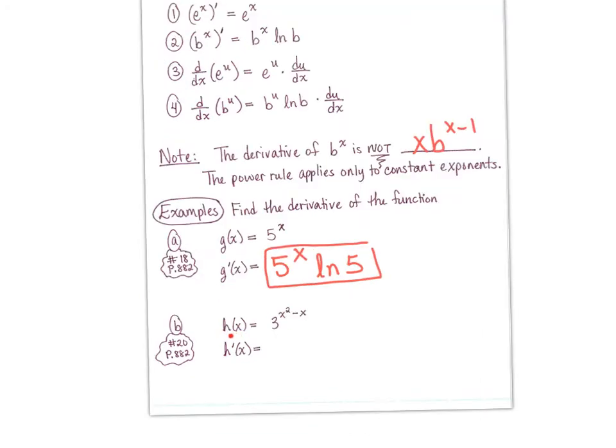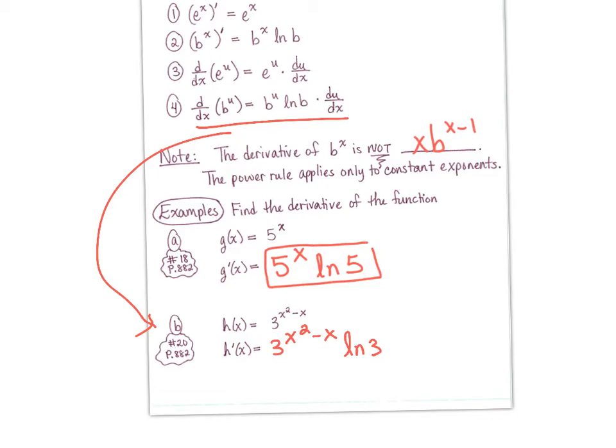Now, if we have h of x equal to 3 raised to the x squared minus x, let's differentiate that. Looking back up, this looks like we have a u here because we have a function, x squared minus x, instead of just a variable like x. So we need to use rule 4 here. u is going to be equal to x squared minus x. Differentiating using this rule, we get 3 raised to the x squared minus x times the natural log of 3.